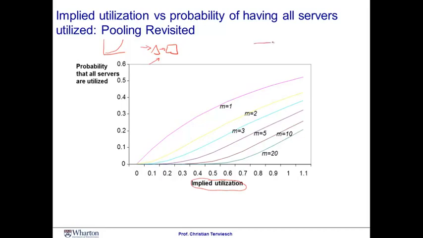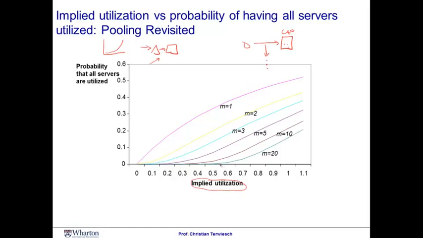Things are different in this type of model we're discussing right now. Here, if I have demand exceeding capacity, the system simply clears itself. It just drops customers from the system, these customers get lost, and even in a situation where I have 50% more demand than I have capacity, I will actually observe an occasional idle time at the resource. This is why I plot here the relationship between the implied utilization and the probability that all servers are busy.